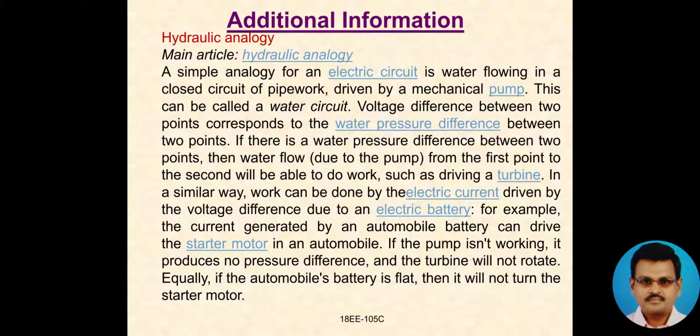There is additional information, as we already discussed with the help of the image. A simple analogy for an electric circuit is water flowing in a closed circuit of pipework driven by a mechanical pump. This can be called a water circuit.